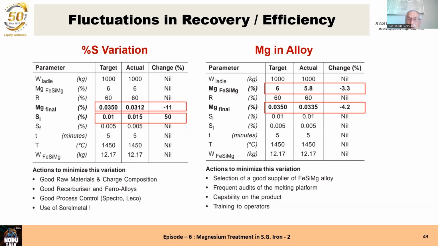This is a reason why every supplier should give you the chemical composition of the nodulizer he is delivering to you, so that you can calculate with the real figure and not with the nominal figure, because ferrosilicon magnesium 6 can anyhow have 5.8 or 6.2.